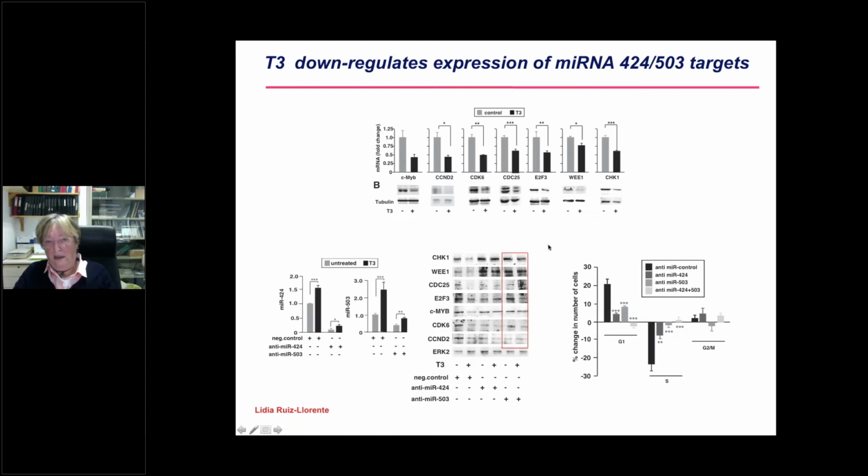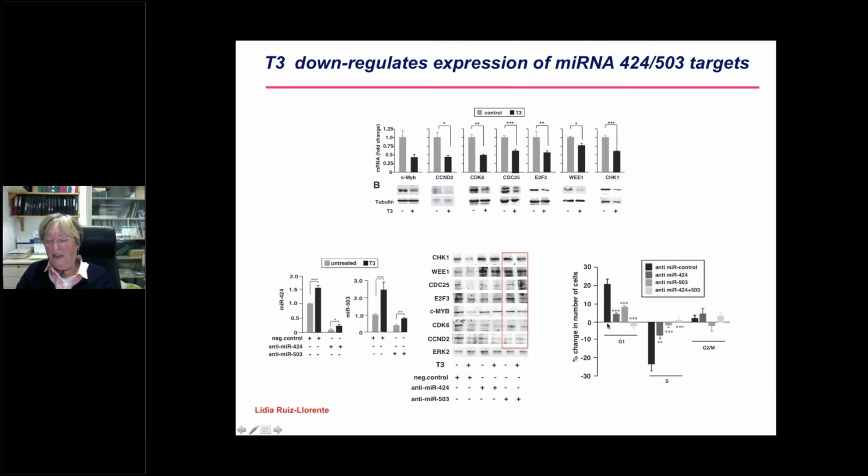Then the increase in these microRNAs was probably mediating the reduction of these important targets for cell proliferation and mitosis, and also they are very important for the inhibitory effects of T3 in cell cycle progression.